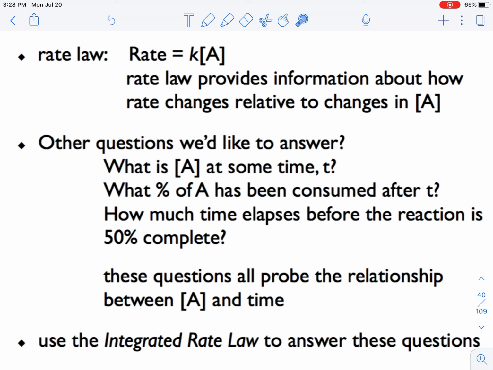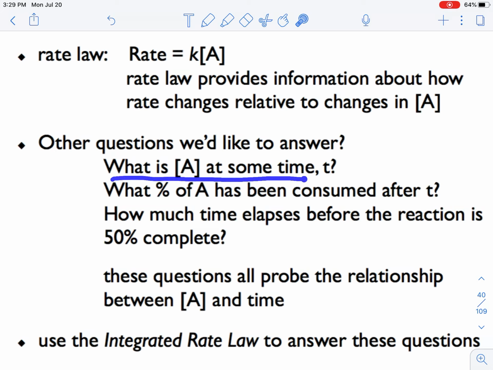Once again, the rate law provides information about how the rate of the reaction changes based on changes in concentration of the reactant. However, the rate law does not tell us how much reactant remains after a period of time has passed. And sometimes we would like to answer that type of question.